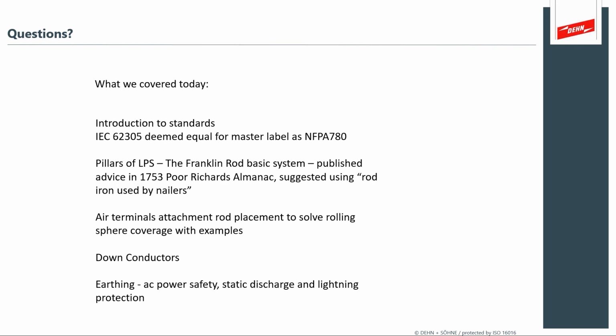So if we need to protect an oil tank or a water tank, can we use the actual steel of the tank as a natural down conductor, or do we need to run some sort of additional conductor down? No, if it meets the thickness according to the tables, and it usually comes out to 5 millimeters for most materials, it can be considered a natural down conductor.